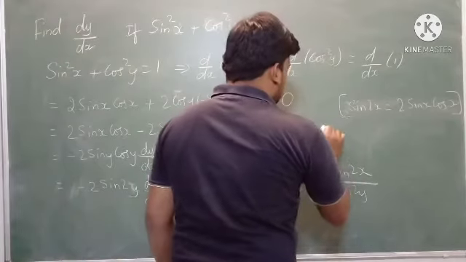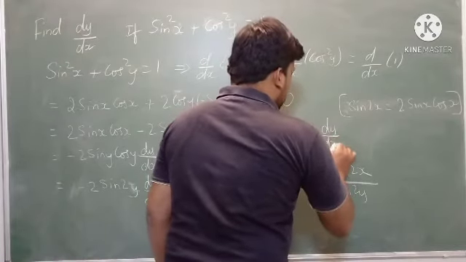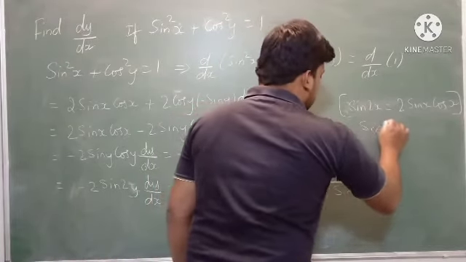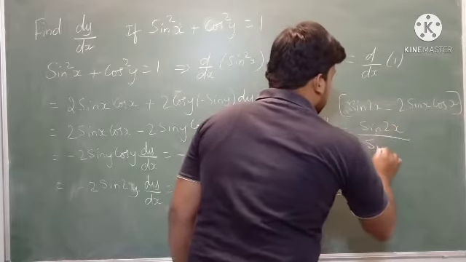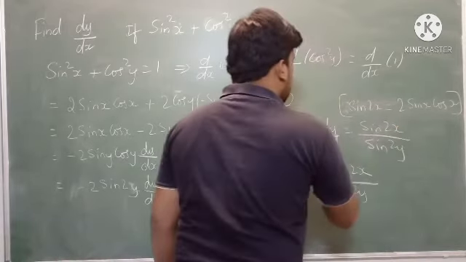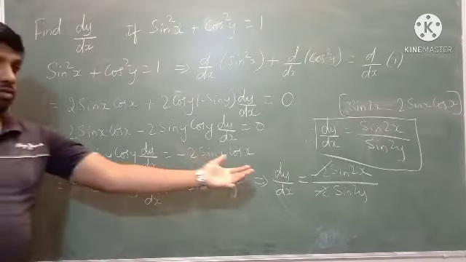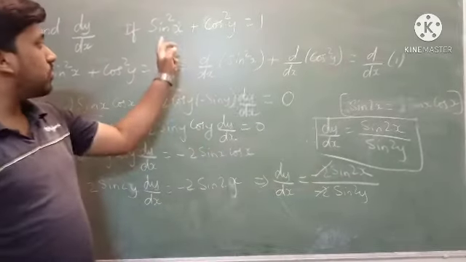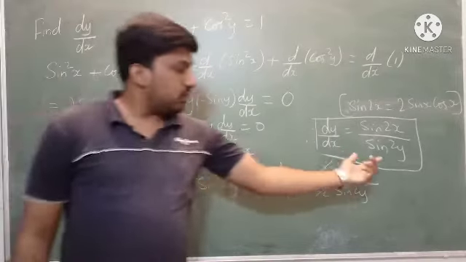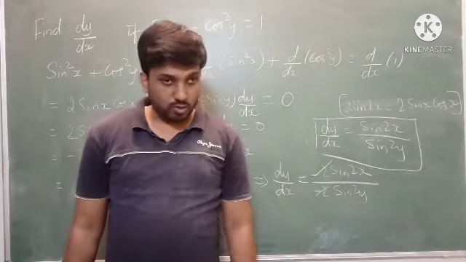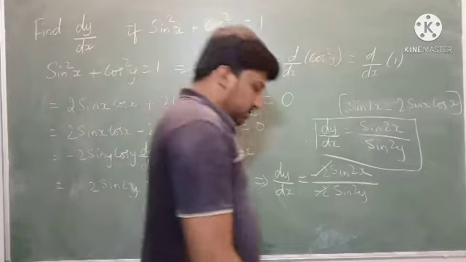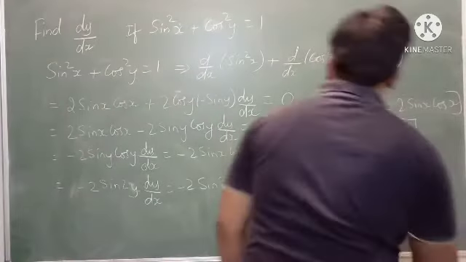Therefore we got dy by dx is nothing but sin 2x by sin 2y. So this is the derivative. We got dy by dx. Whenever they give sin square x plus cos square y is equal to 1, we will be getting this.